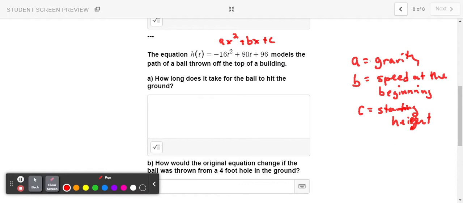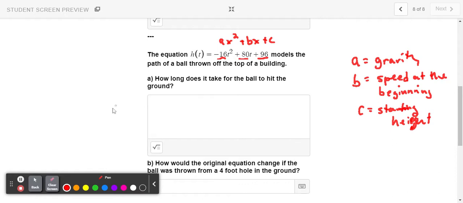All right, so based on that, you can see here that the gravity is negative 16 feet per second squared. It's launched at a speed of 80 feet per second, and it's starting at 96 feet off the ground, a very tall building.